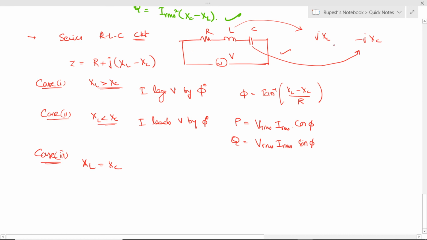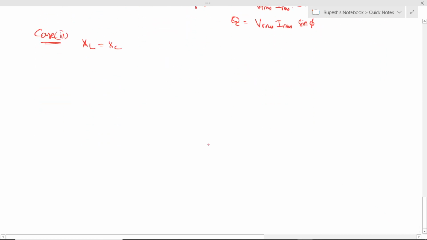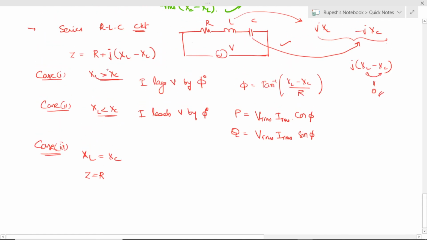If both add, what will it become? J into XL minus XC. If XL and XC are equal, this adds to 0. Then the effective impedance Z will be what? Only the resistance, that is R. That is, the circuit will be resistive in nature.